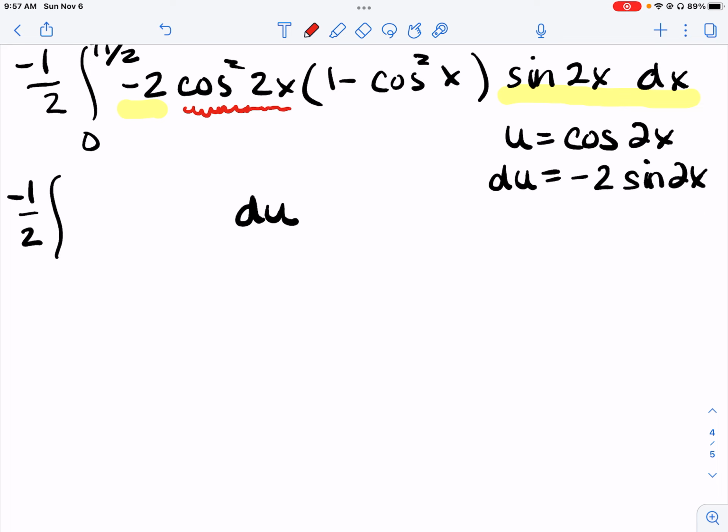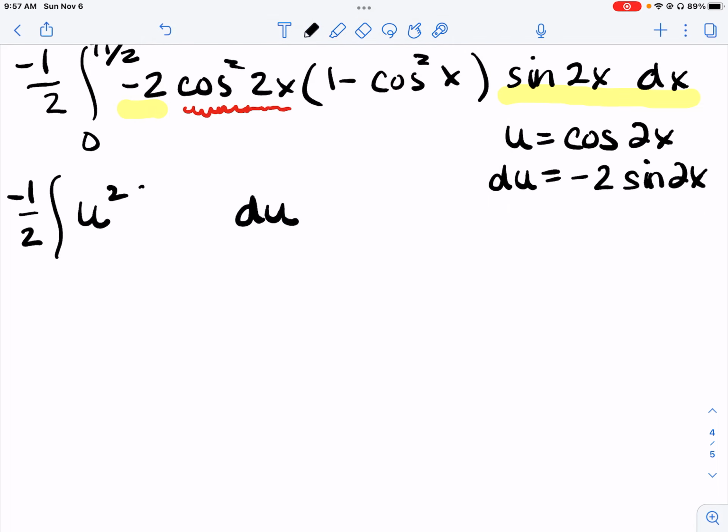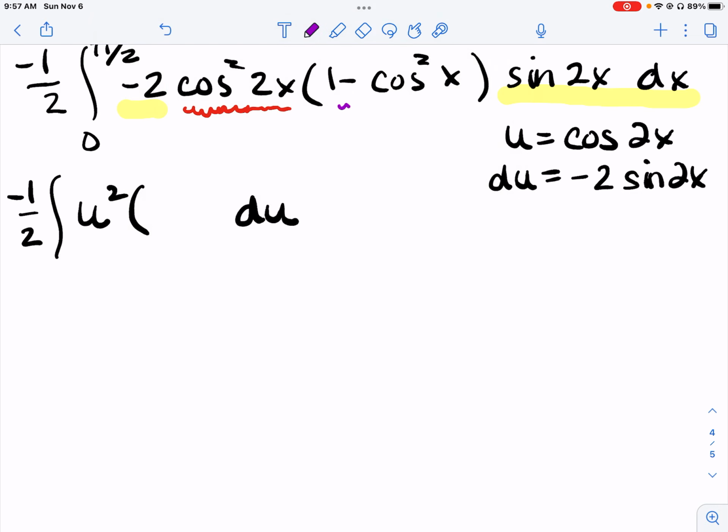This is u squared. Okay, the cosine of 2x is u, so that's u squared. 1 minus cosine squared is 1 minus u squared. Distribute the u squared.